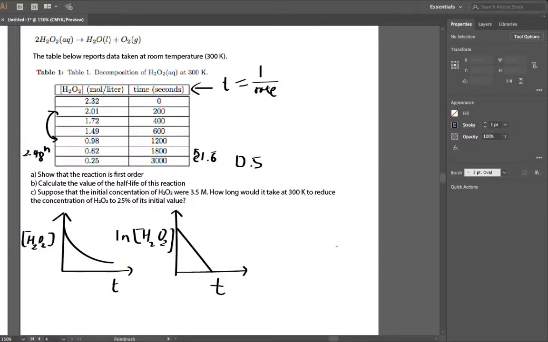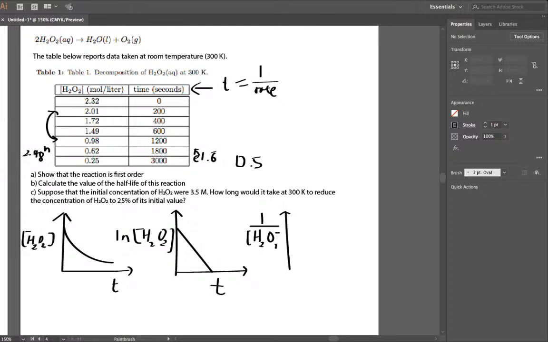And yeah, you can just plot this on your graphing calculator. But you could also just plot this as 1 over H2O2, and this would help you determine if it is a first order, second order, or zeroth order.